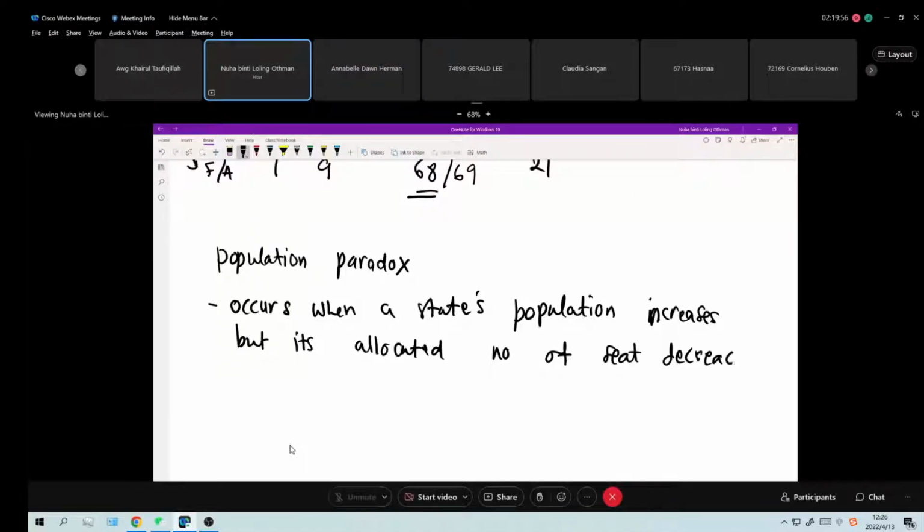So this one is another one, the population paradox.